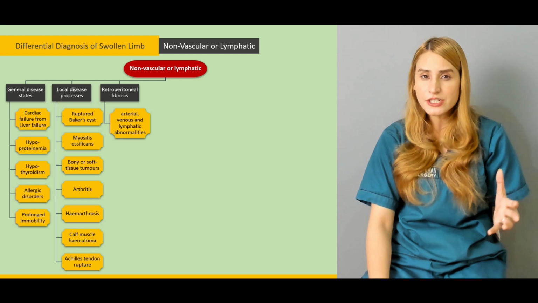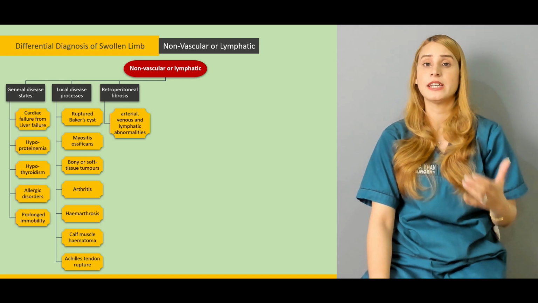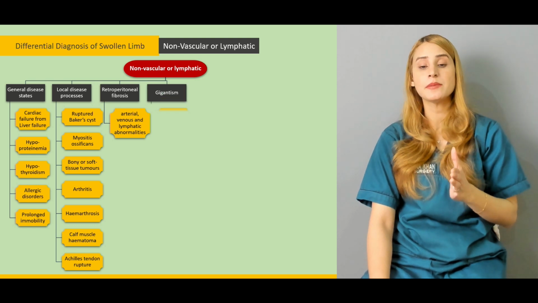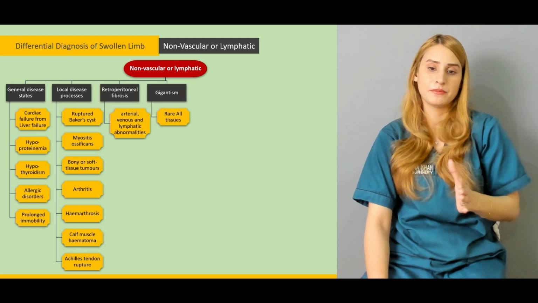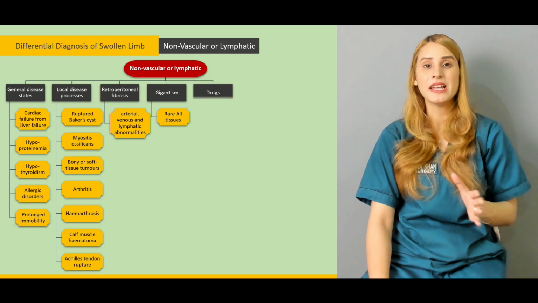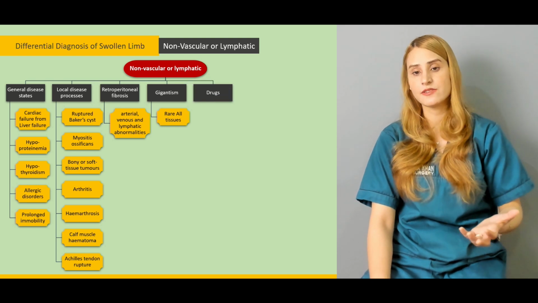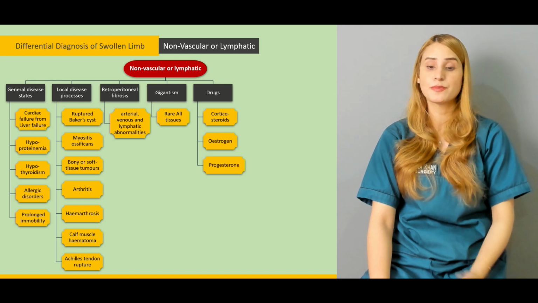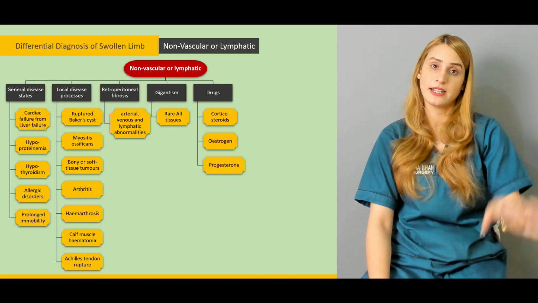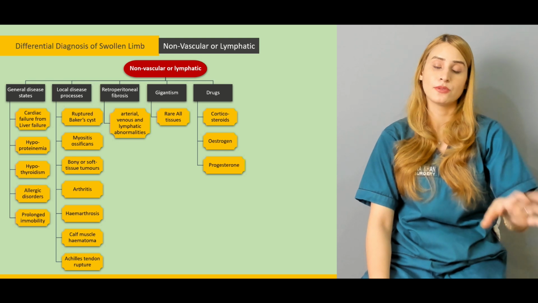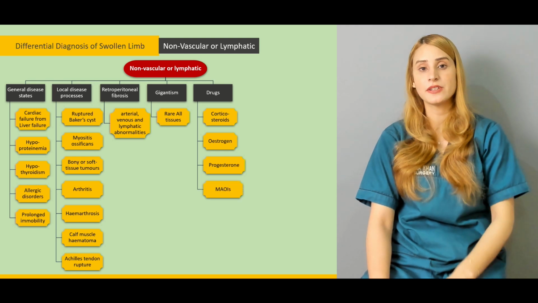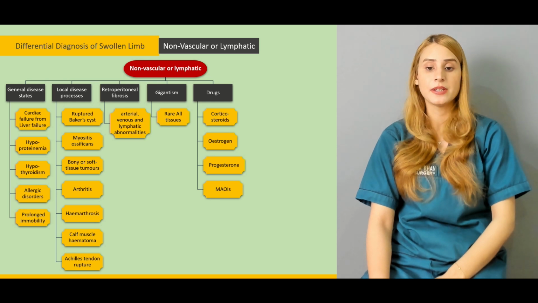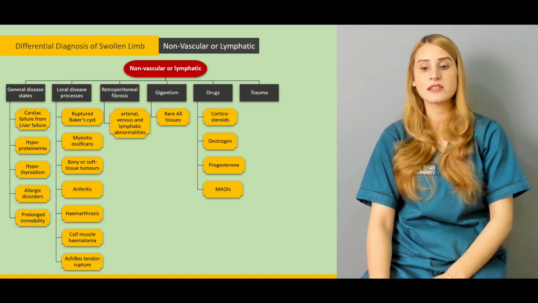If we talk about retroperitoneal fibrosis, there can be arterial, venous, and lymphatic abnormalities. There can be gigantism, which is rare, but it usually affects all the tissues. Drugs like corticosteroids, estrogens, and progesterone also lead to the development of a swollen limb and are a differential in case of lymphedema. And there can be monoamine oxidase inhibitors.